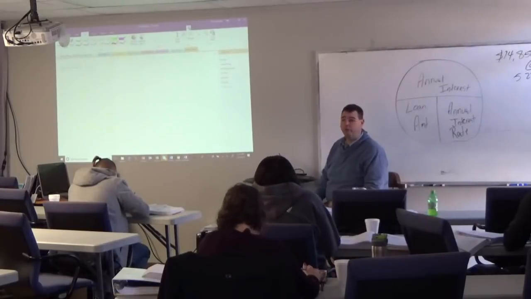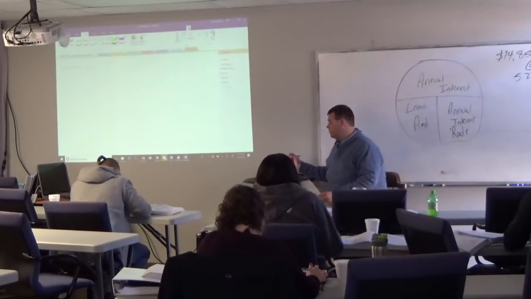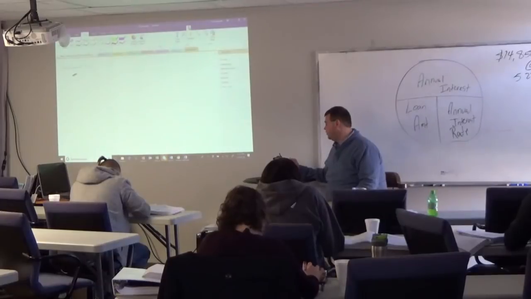Is everybody okay with what we're doing there? All right. So we're going to take that $318,650 and multiply it times 4.75% annual rate.